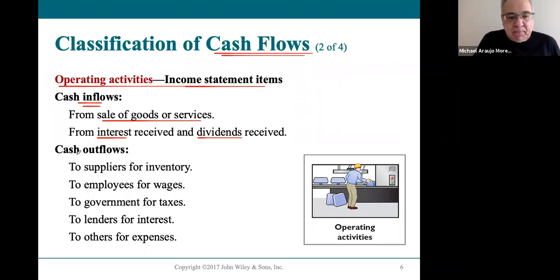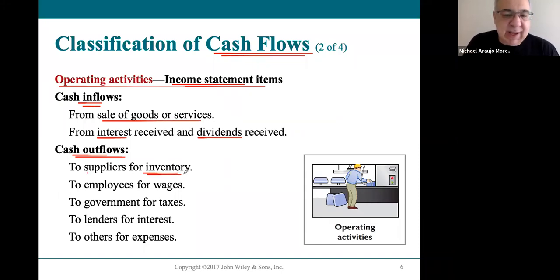Excuse me. In terms of cash going out, cash outflow when it looks at operating activities, what are we looking at? What do we use cash for that end up becoming expenses on our income statement? Well, first we usually purchase supplies or inventory.